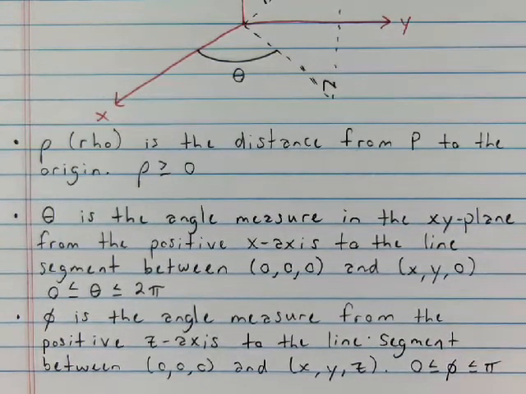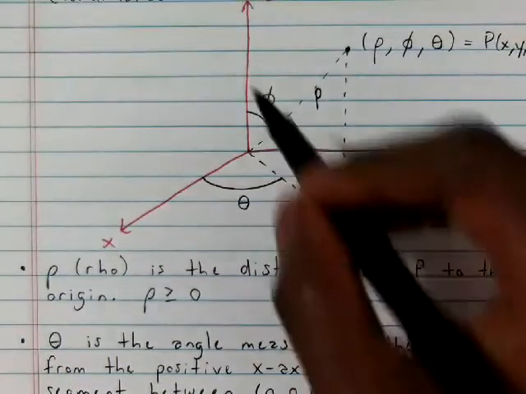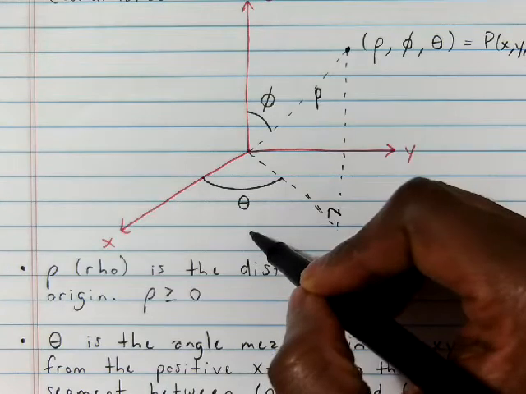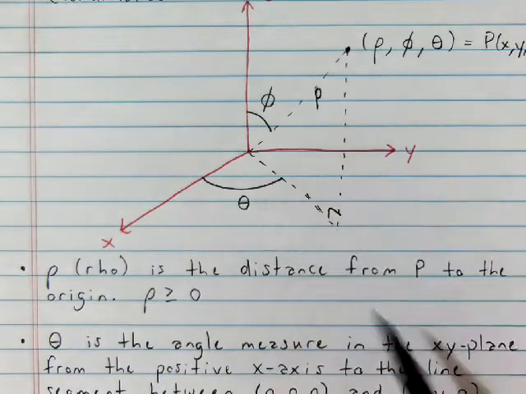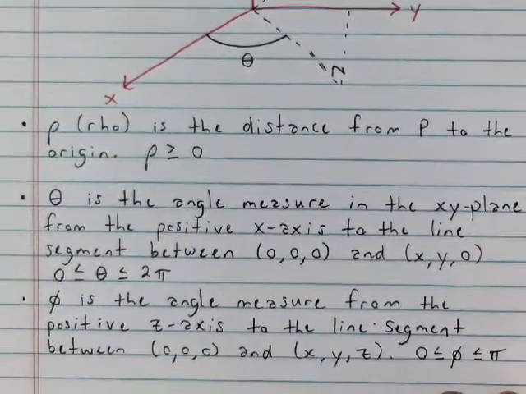Phi is 0 at the positive z-axis, and phi is pi at the negative z-axis, but it doesn't go beyond that. So it can go from up here all the way down to directly the negative z-axis. Phi doesn't vary from 0 to 2 pi, and it doesn't need to.